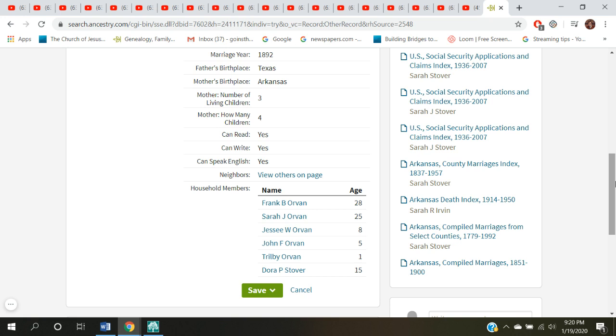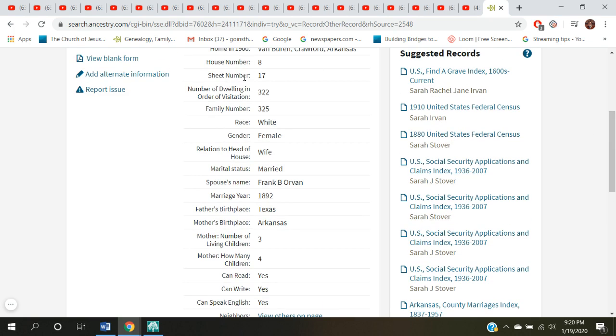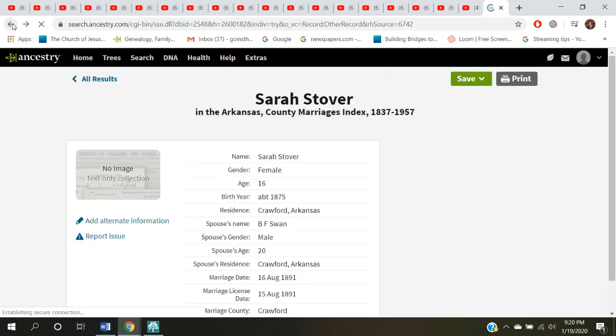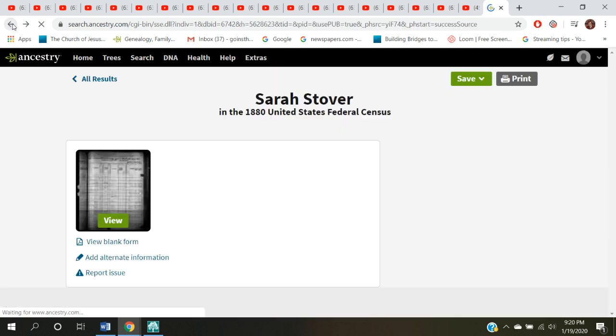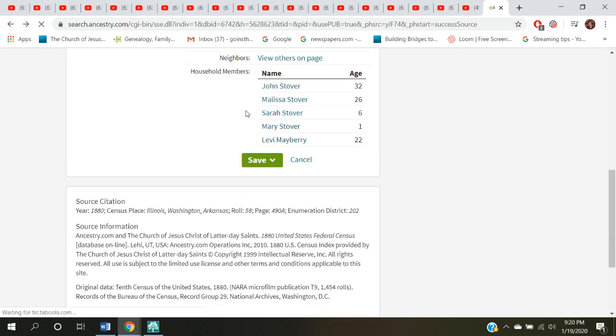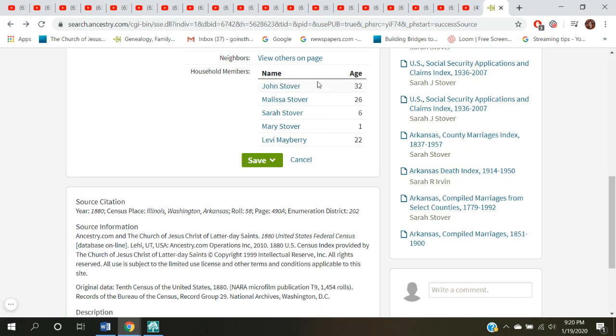It's just sometimes I's are written in a way that are kind of hard to tell what exactly the letter is, and we won't go over that again. So I'm pretty sure that marriage record is the person we're looking at here. So that's connected to the 1880 census we opened. So we're probably certain, probably 90+%, that John and Melissa are actually her parents.